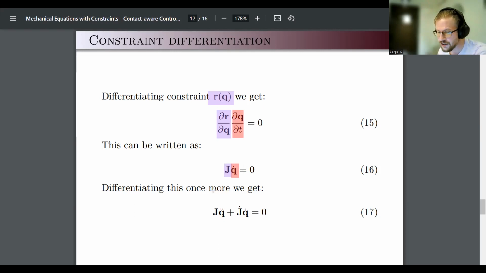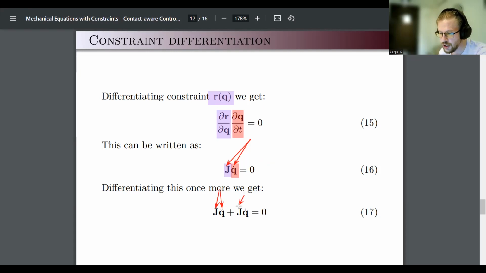And differentiating this one more time, we get this expression here. So how did we get this expression? First of all, this is a multiplication of two functions. How do we differentiate a product of two functions? Well, first we differentiate one, then we differentiate the other. Here we differentiate q dot to get q double dot multiplied by J, sorry.